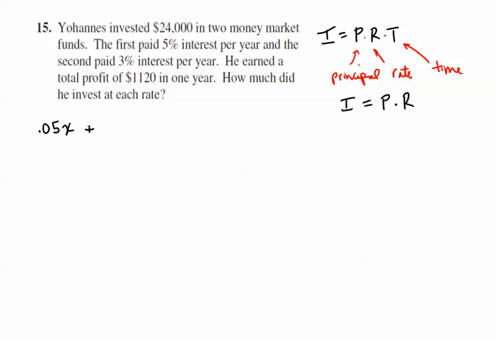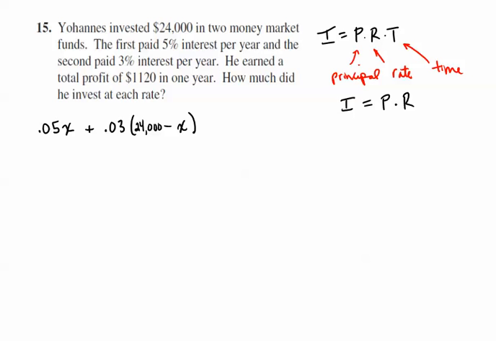Now, we still have another sum of money that's invested at 3%. How much is invested at 3%? Well, we don't know that either. But we do know something very important, that the total amount invested is $24,000, and that we've already used up x of those dollars in the other fund.